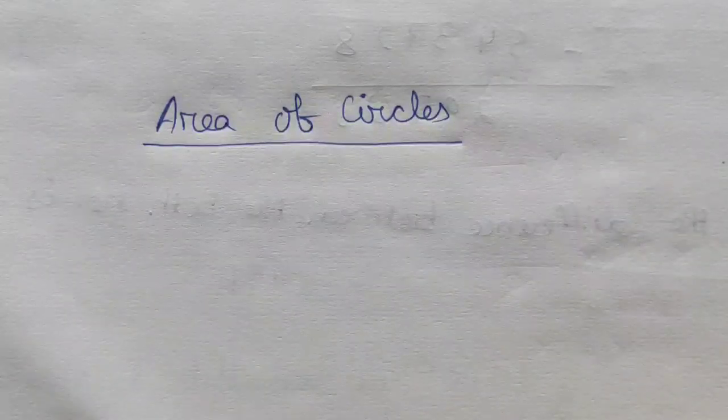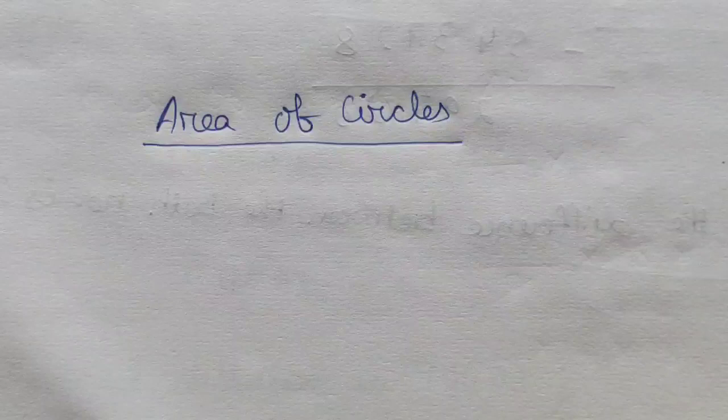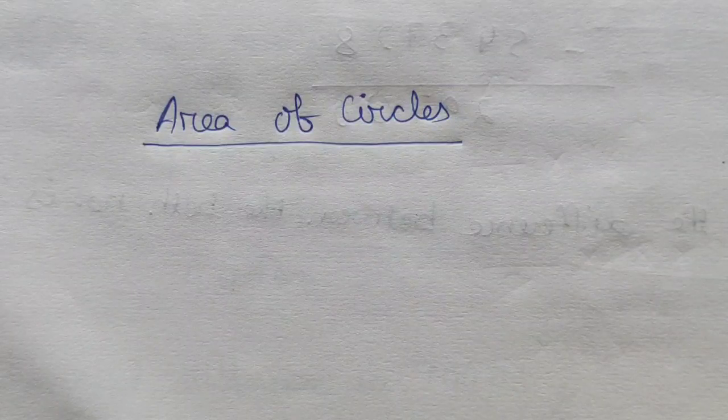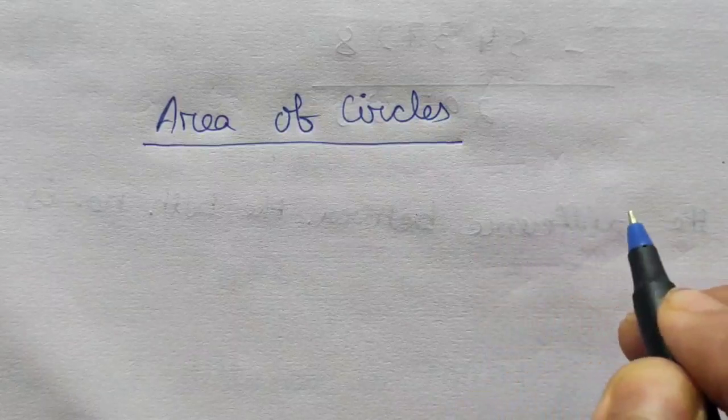Today in this video we will discuss the area of circles and then solve a few problems. In our previous class we discussed what a circle is, then its circumference, and we also solved some questions relating to the circumference of the circle. So what was a circle?